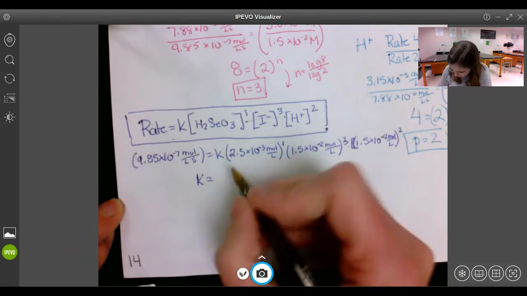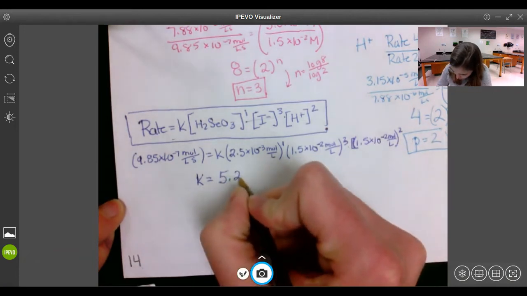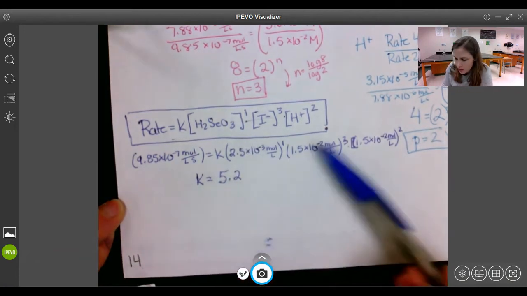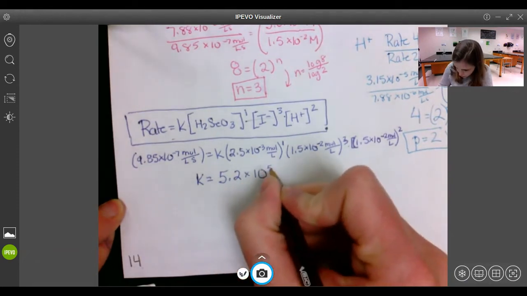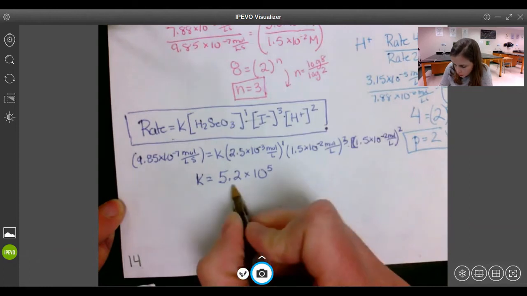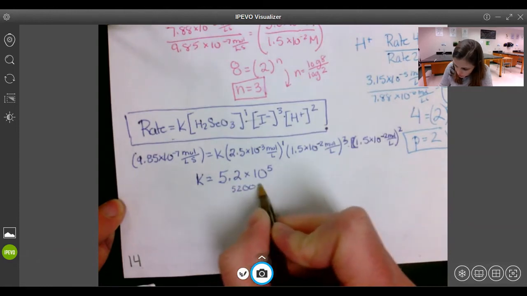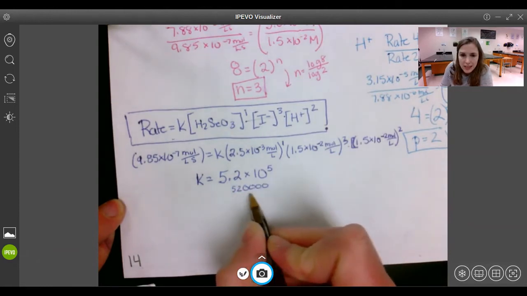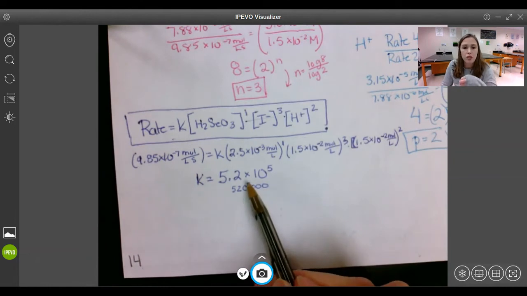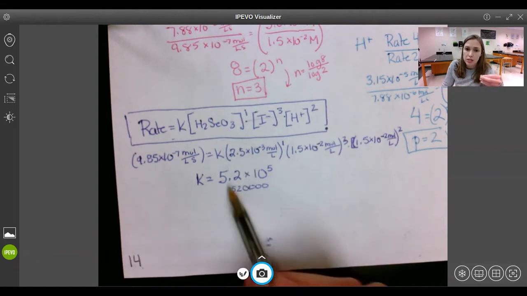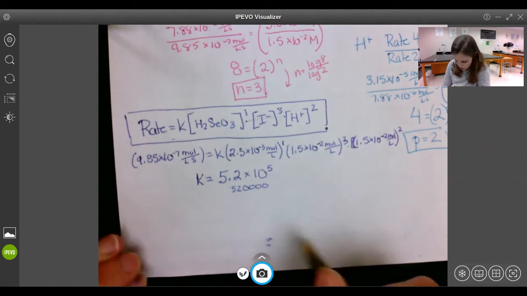Okay, you should end up with 5.2, and I'm rounding it to 2 sig figs just because of the concentrations, times 10 to the 5th, okay, or this will be 520,000. So that's how you get the value of the rate constant, and that is at that temperature going to be true for any set of concentrations that you're starting with. If the temperature changes, this does get affected, but we'll deal with that shortly.